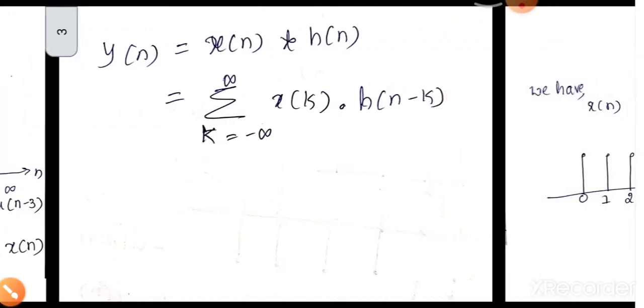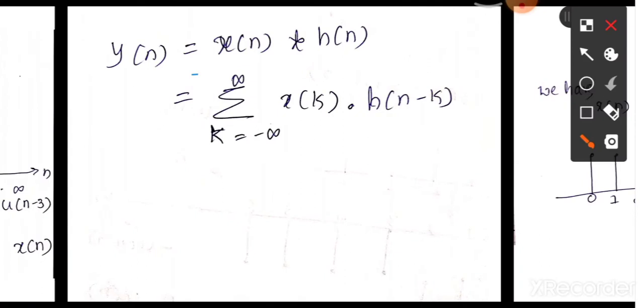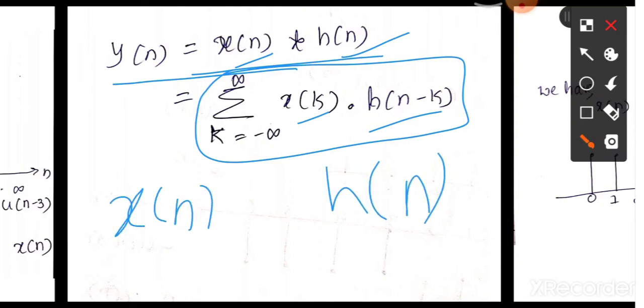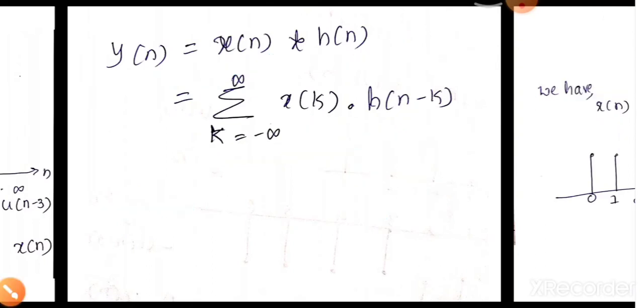Okay, so what we have to calculate is y of n, which is equal to x of n convolution with h of n, which is nothing but summation of k equal to minus infinity to plus infinity x of k h of n minus k. So any one signal has to be interchanged. Here you have x of n as well as h of n. Which signal you would like to interchange, you have to check.